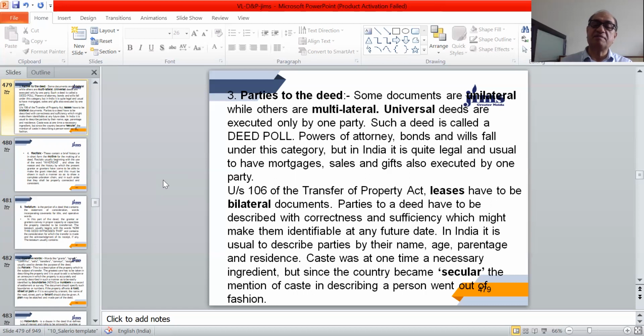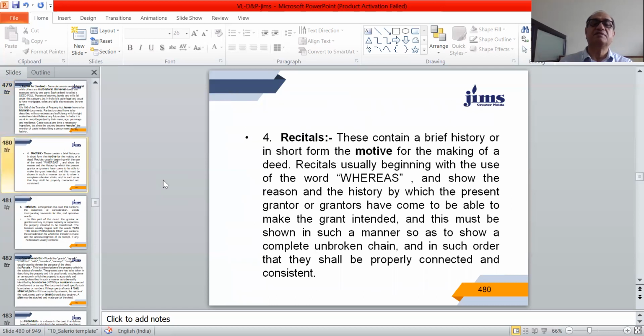Caste was at one time a necessary ingredient of the identification of a person, but since our country has become secular in nature, mentioning the caste in describing a person is out of fashion nowadays, rather it is not needed. So this is the third component, parties to the deed with complete identifiable details.